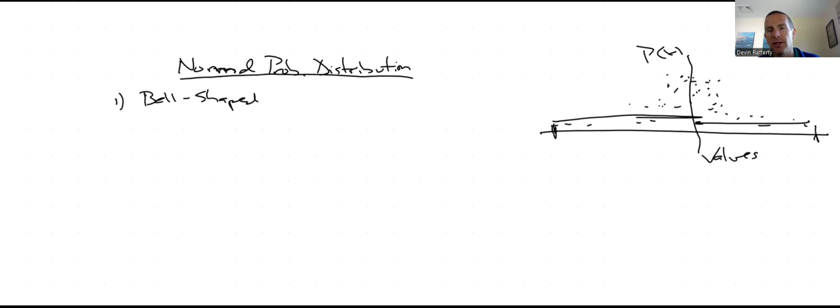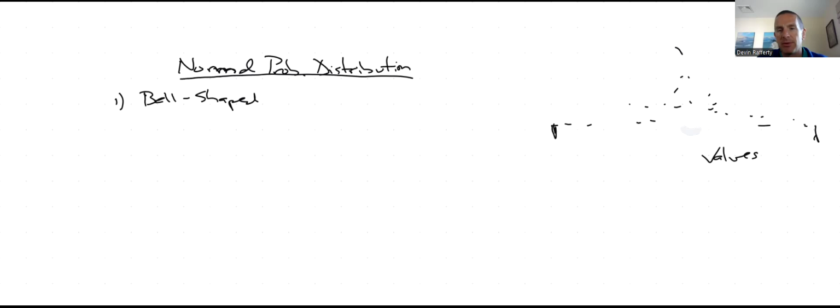If you draw a line over that to encompass them, you end up with something that more or less looks like the normal probability distribution. So that's where it comes from. It's bell-shaped. The first thing about the normal probability distribution is that it is a bell-shaped graph.